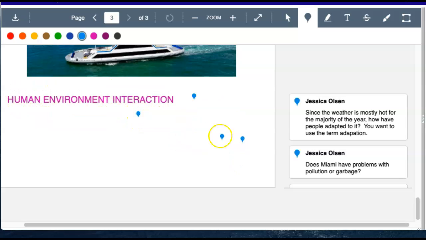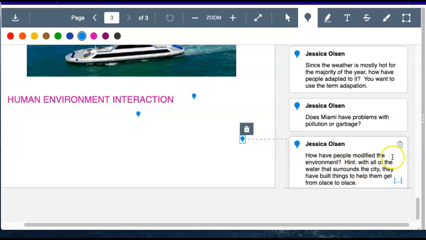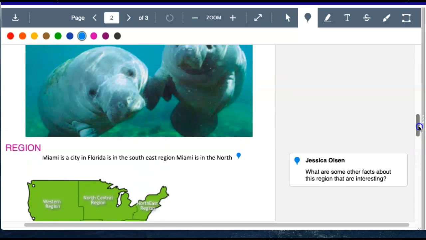And then, where is it? There it is. And then this one, how have people modified the environment? So I wrote you a hint with all of the water that surrounds the city. They have built things to help them get from place to place, okay? And actually in this picture, you had a picture, where did it go?